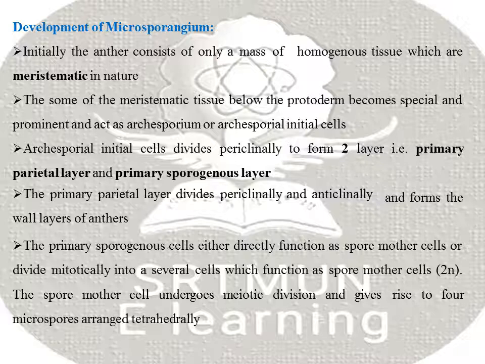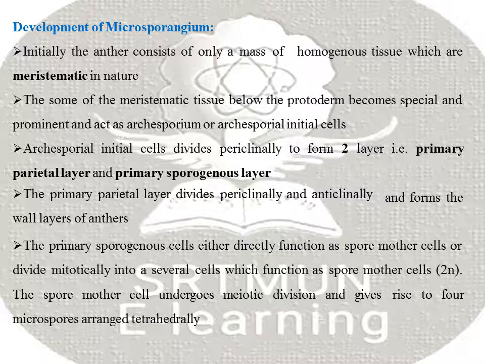Some of the meristematic tissue below the protoderm becomes special and prominent and acts as archesporium or archesporial initial cell. The archesporial initial cell divides periclinally to form two layers, that is, primary parietal layer and primary sporogenous layer.